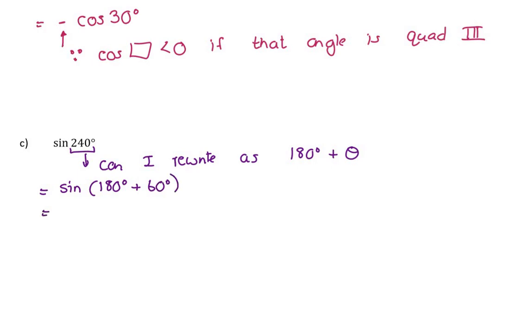So this will reduce to sine of 60 degrees. The question is, is it positive or is it negative? Now sine of 60 is a certain number, and this is related to sine of 240, except 240 degrees is in quadrant 3. And sine is negative in quadrant 3. So this is negative because it's in quadrant 3.